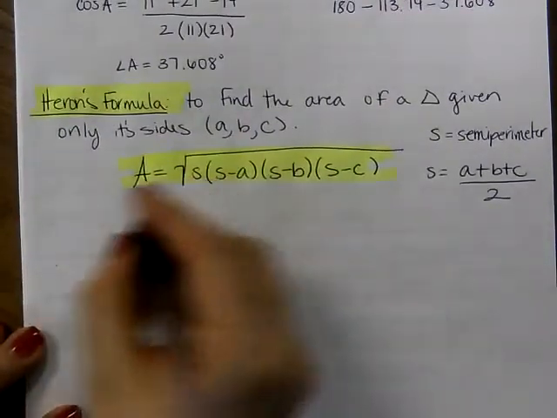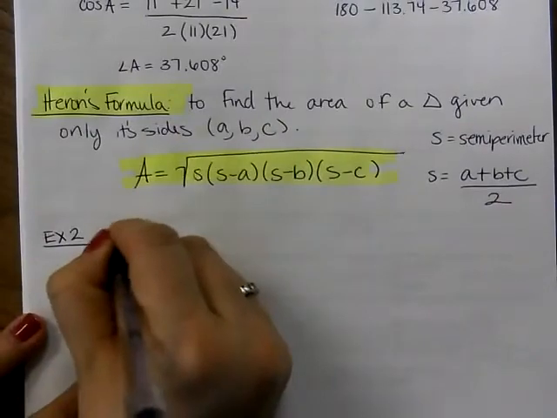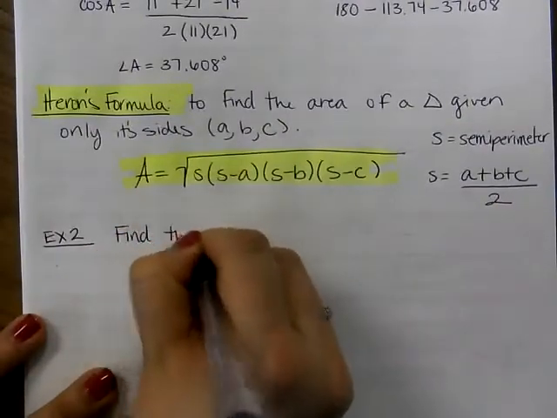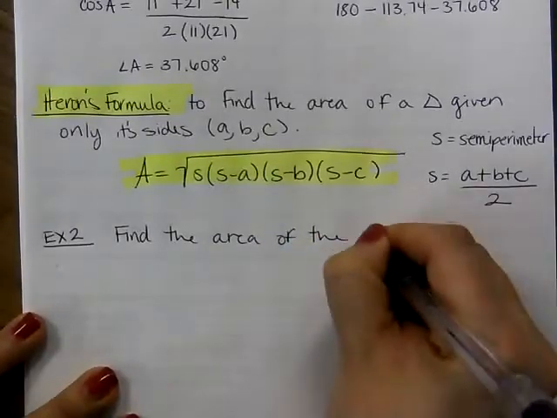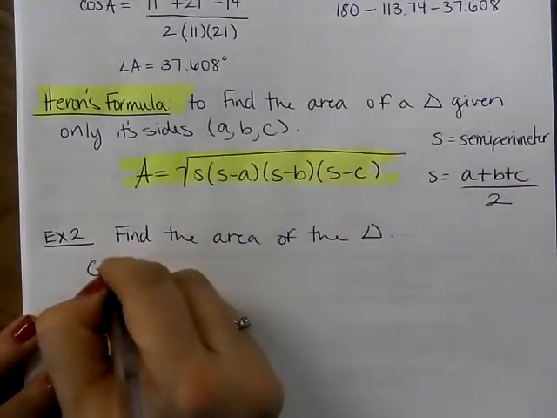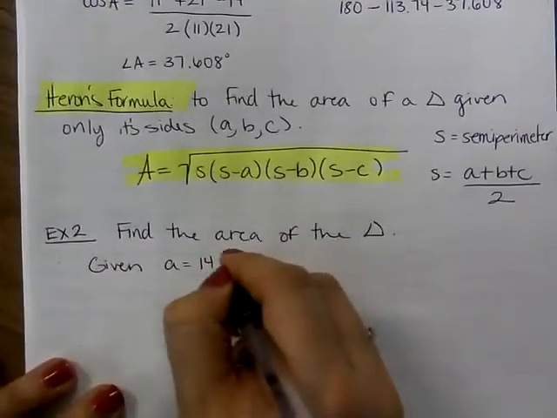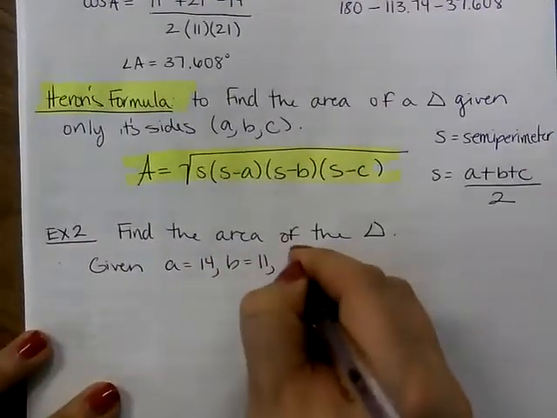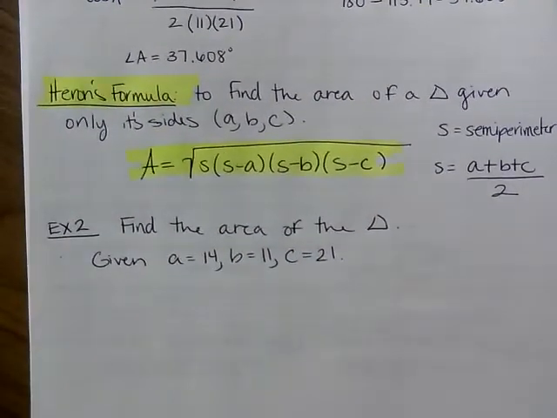Okay, so let's do an example of this. I guess we'll just call this example 2. Find the area of the triangle. Given A equals 14, we'll just use the same side lengths, B equals 11 and C equals 21. So now we're going to find the area of the triangle above. Okay?